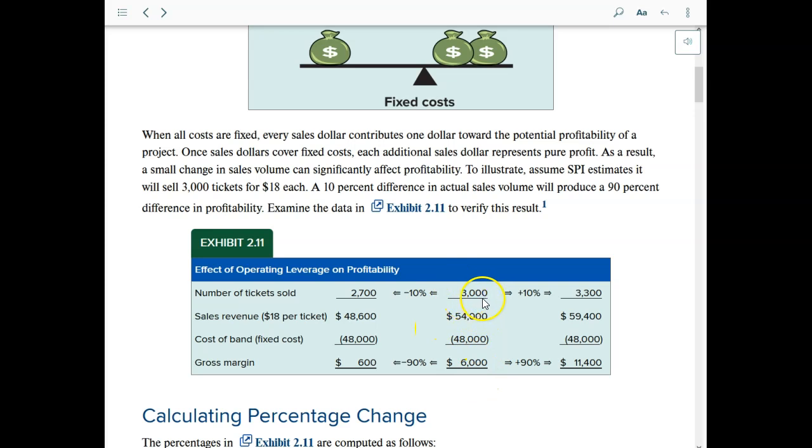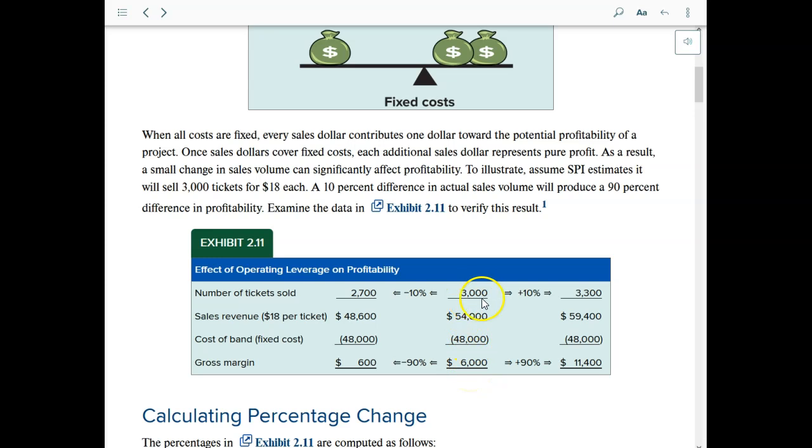If we sell 3,000 tickets, revenue is 3,000 tickets times 18 per ticket, $54,000. The cost of the band, we're going to go the fixed cost route in this example, $48,000. We have a gross margin of $6,000. And gross margin is similar to gross profit that you probably had in the first course. So, total revenue minus total fixed cost, we have gross margin $6,000.